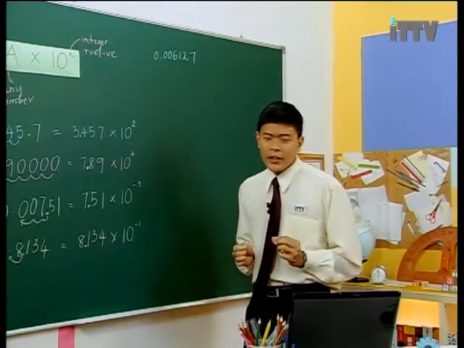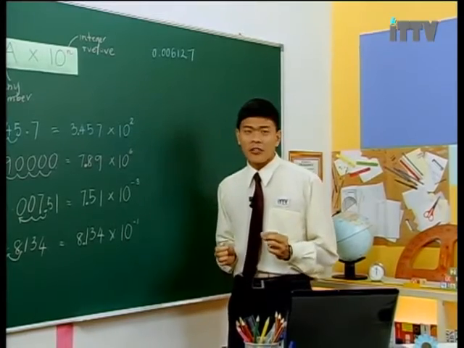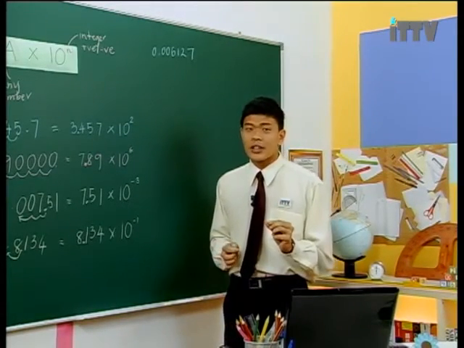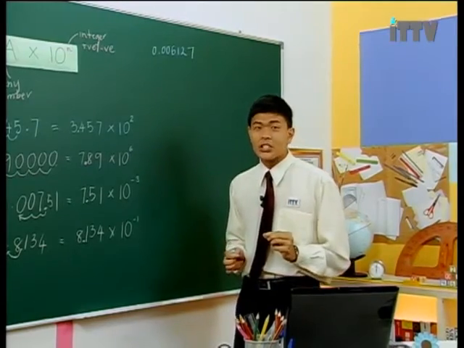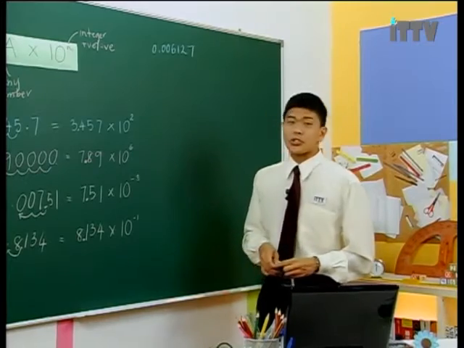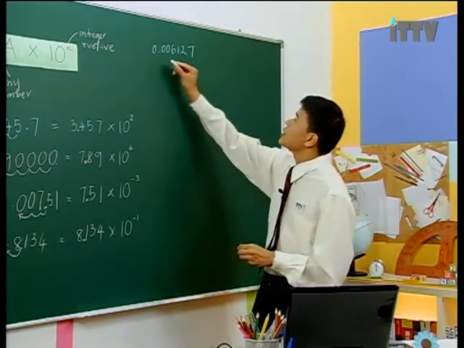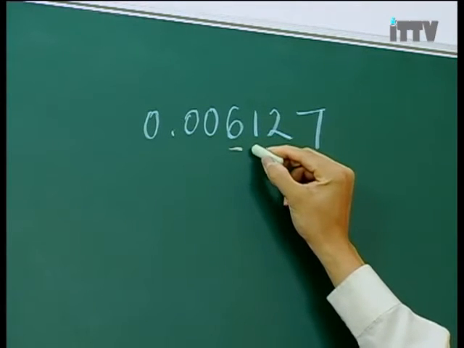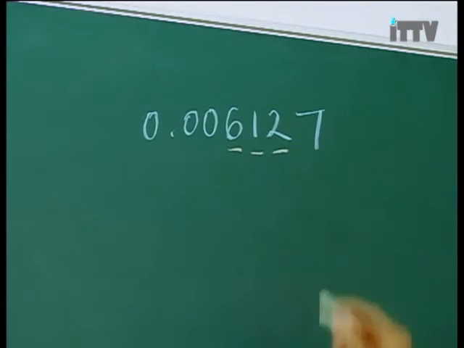So you are required to first of all round off this number to 3 significant figures and then change it to standard form. So if you remember, 3 significant figures, these 3 are not significant figures. 1, 2, 3.